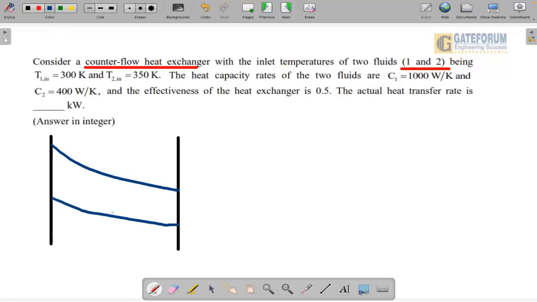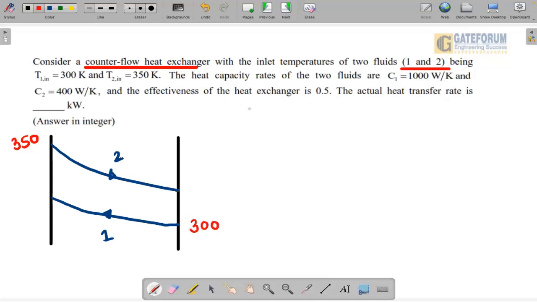In counterflow, the direction is opposite. So suppose this is fluid 1, this is fluid 2. The inlet temperature of T2 is 350, and T1 in is 300.